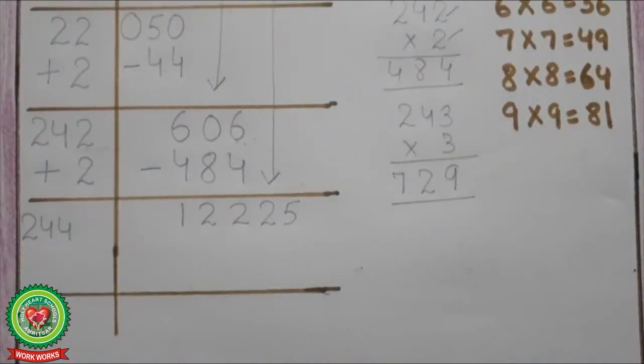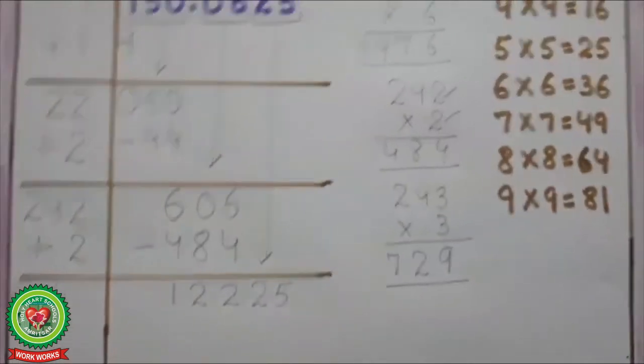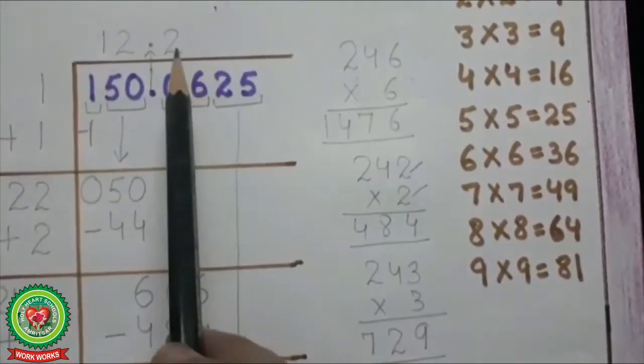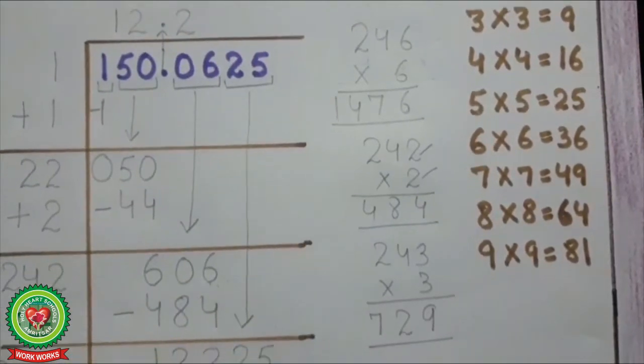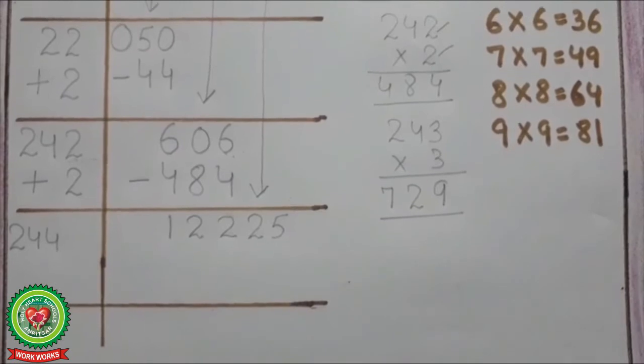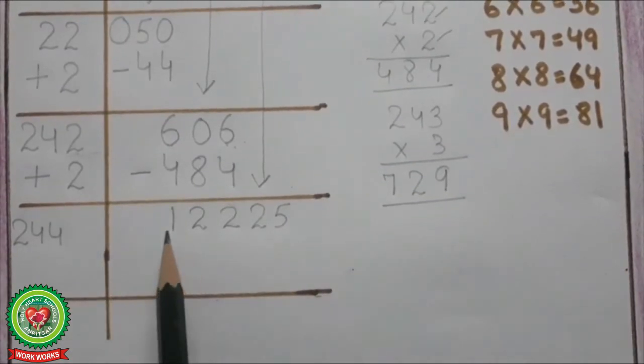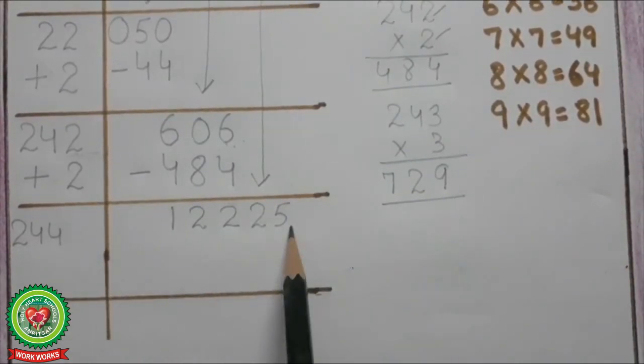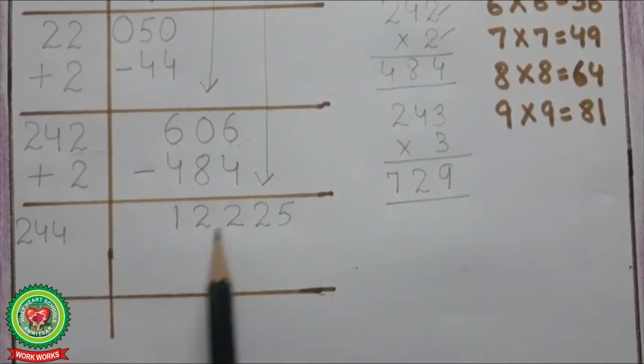Next step is again to think about a digit which is to be written with the divisor as well as with the quotient, such that when the divisor and that digit get multiplied, we get a number which is either equal to 12,225 or just less than 12,225.